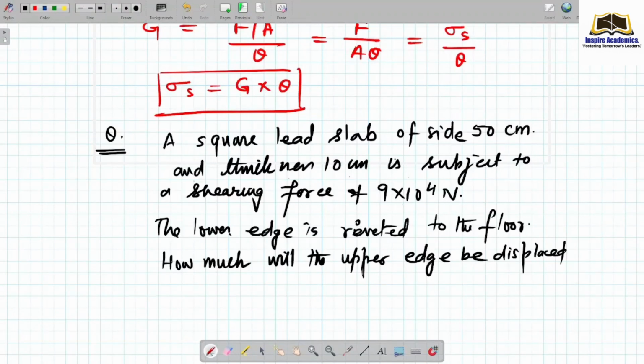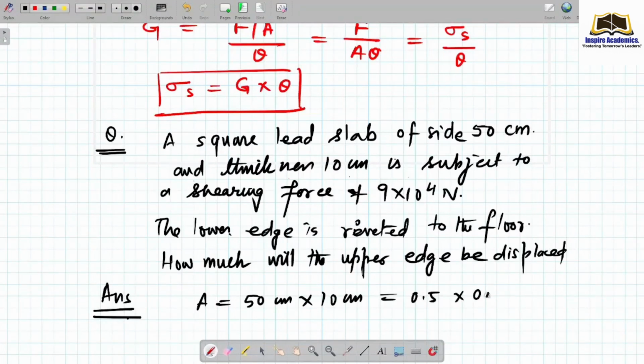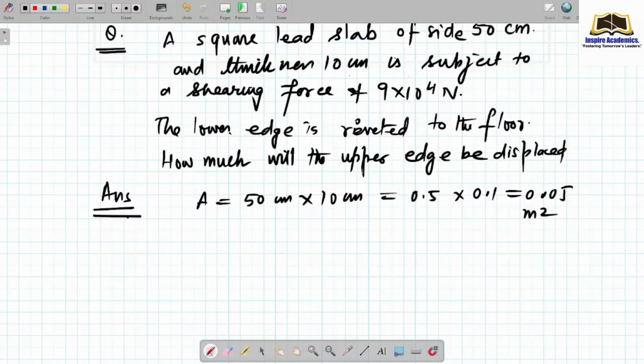The lower edge is riveted. So what is my area? Area would be 50 centimeter multiplied by 10 centimeter. We can write 0.5 meter multiplied by 0.1, so it is 0.05 meter square. That is my area.